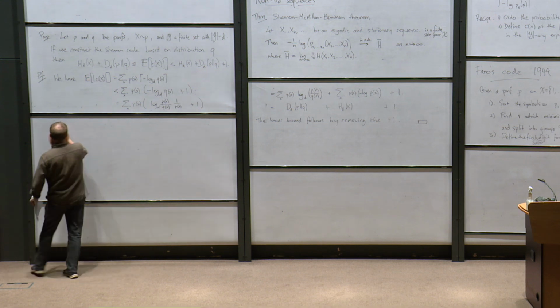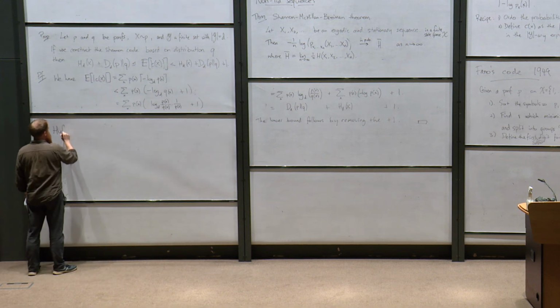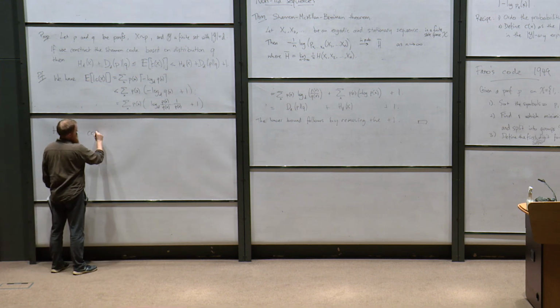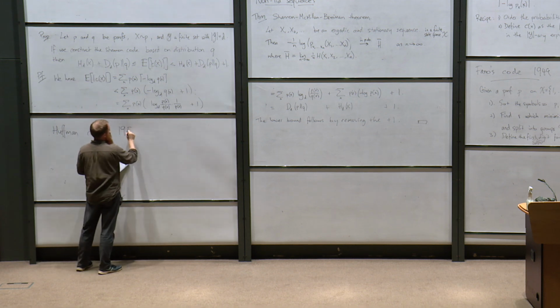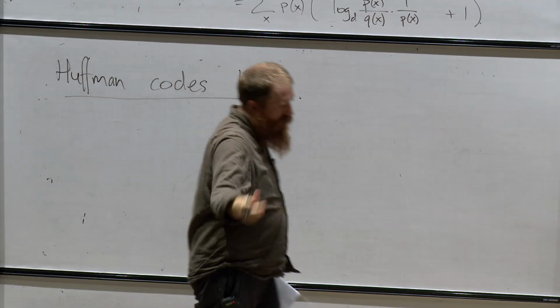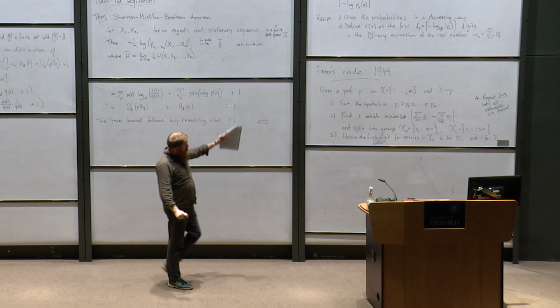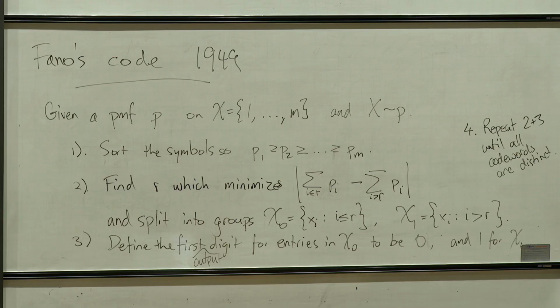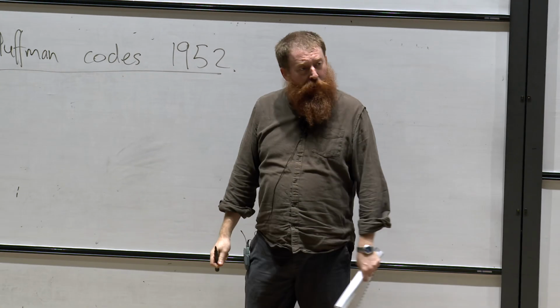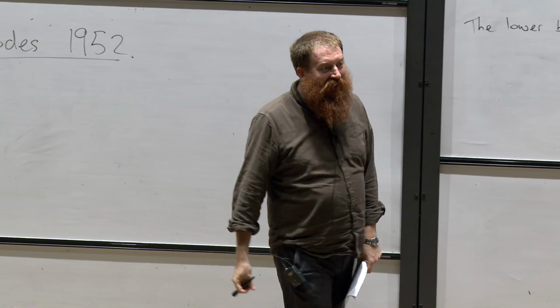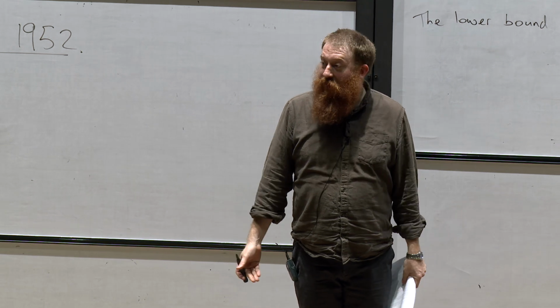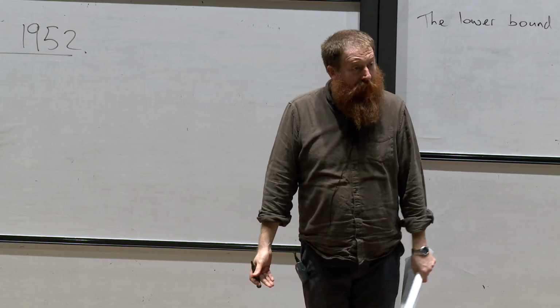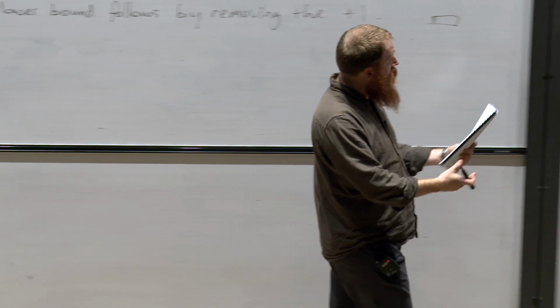But now we get to Huffman codes (1952). Well, Fano was teaching this, and Huffman was a student who went to Fano's lectures, is my understanding of the story, and chose to write a little project on improving codes. And what Huffman did is he realized that you could do it optimally. You could actually find an explicit, optimal construction.